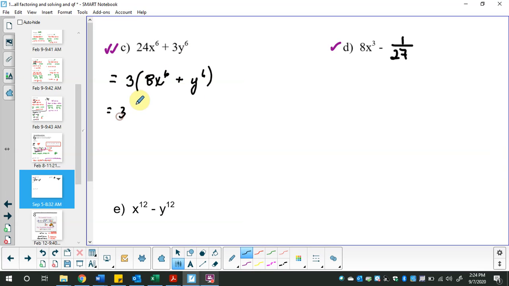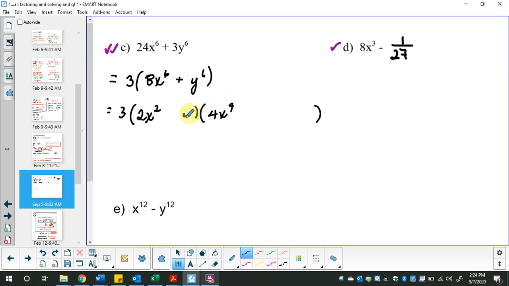Now I can leave my 3 and set up my binomial and trinomial size bracket. So 2 is the cube root of 8. The cube root of x to the 6, divide by 3 on the exponents. So that makes this x squared.